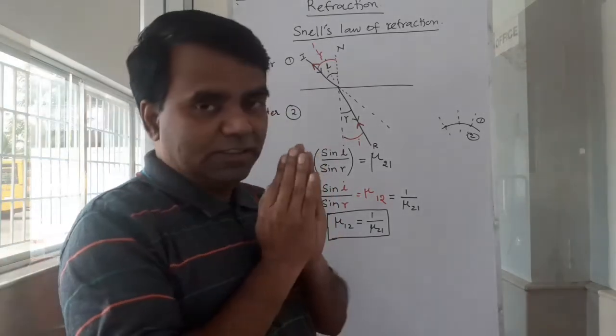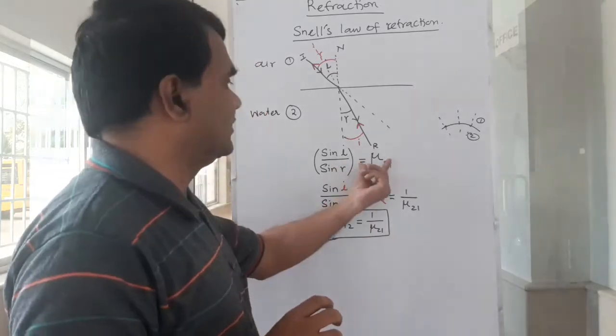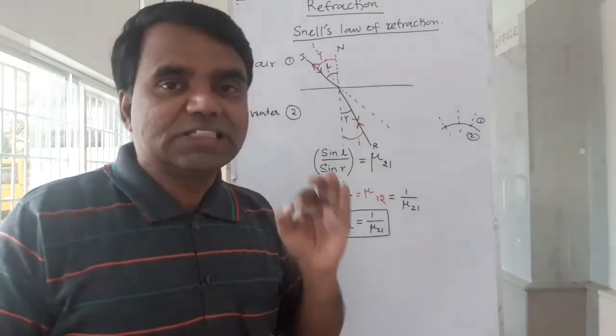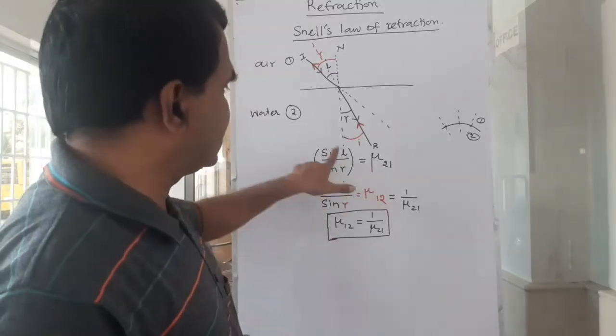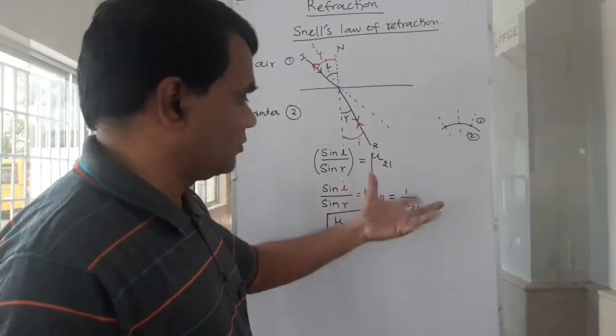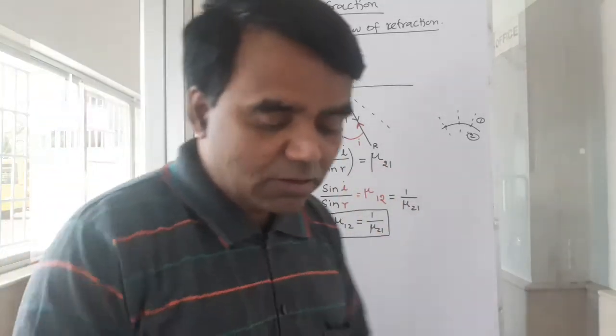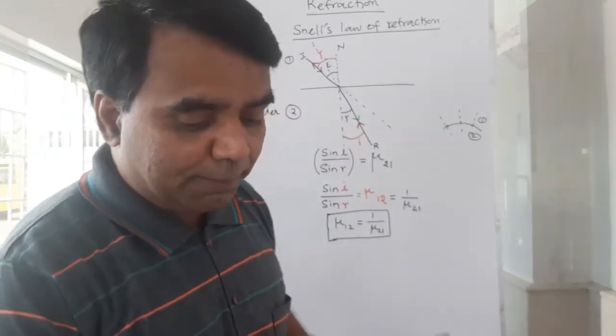You will get to know later that this refractive index has to do with the speed of light. When you say refractive index, sin I and sin R and mu 2 all depend on the speed of light in different mediums. This is the ratio.